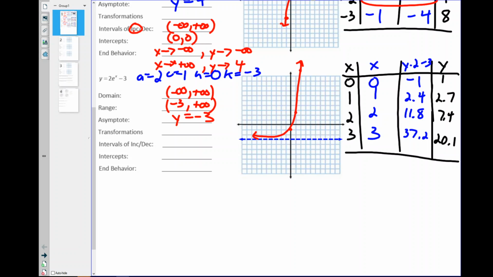Vertical stretch, good, of 2. Vertical translation 3 units down.